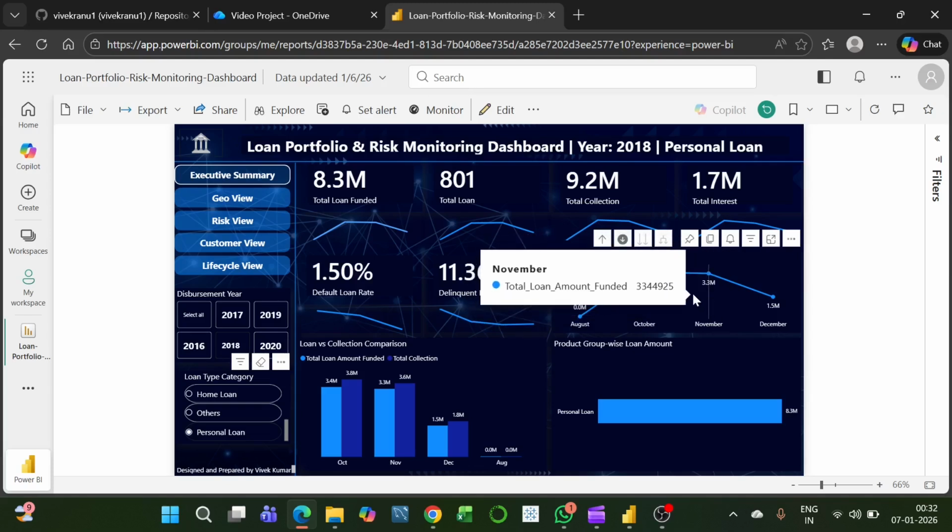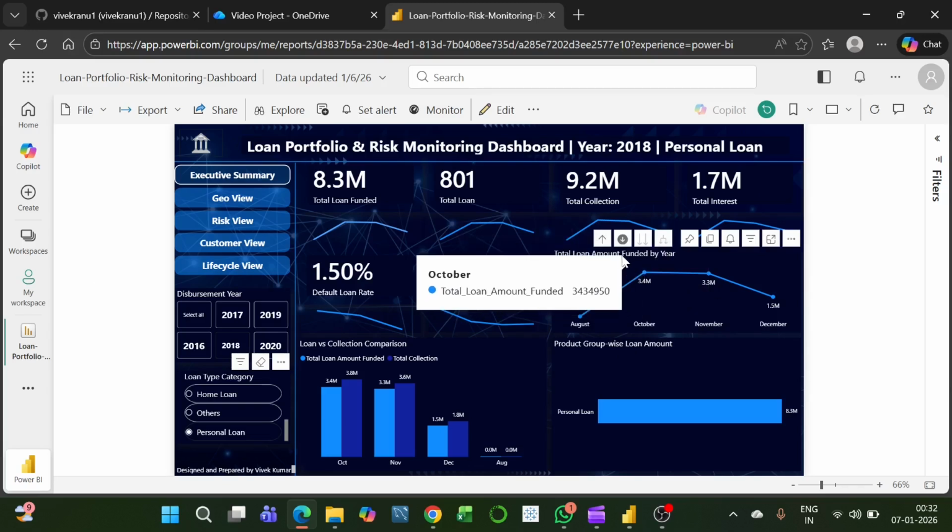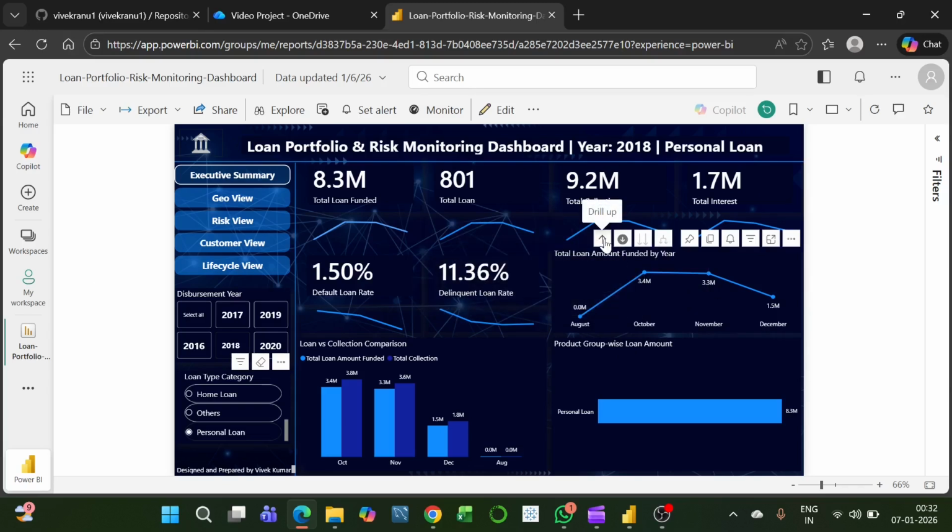In 2018, I'm talking about 2018 here, all the data are 2018. You can drill up here. So you can see in 2018, the total loan funded was 8.3 million. That is shown here, the same thing.